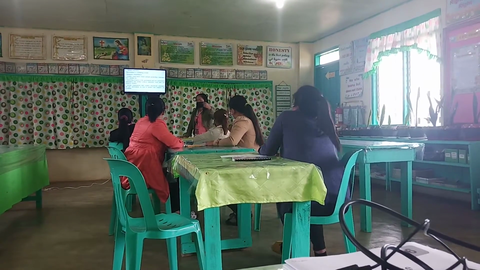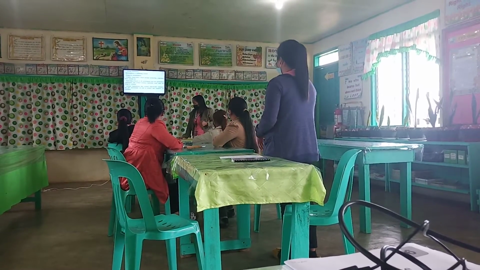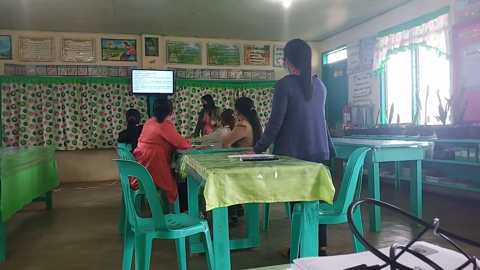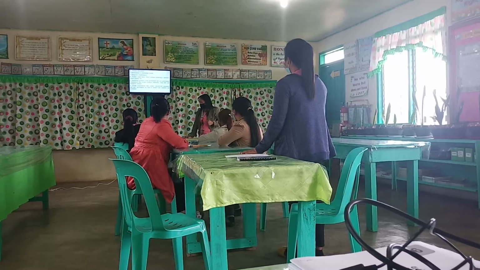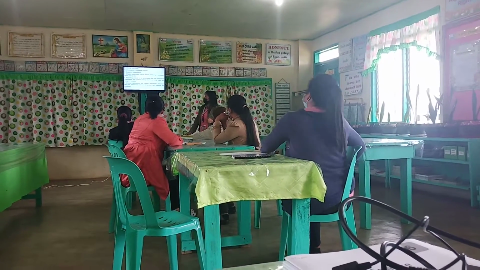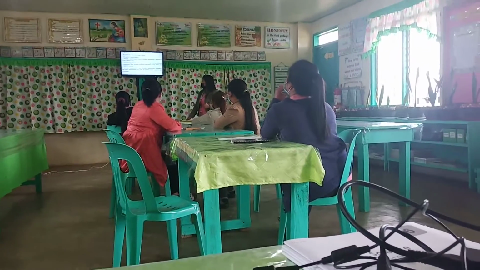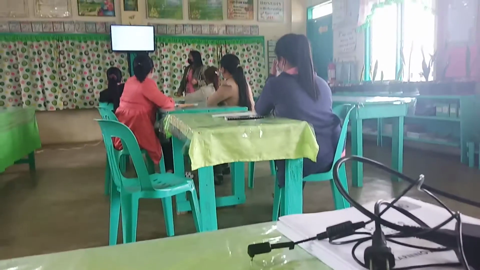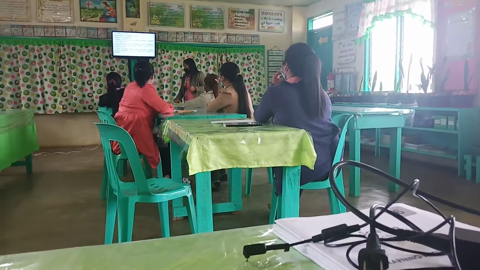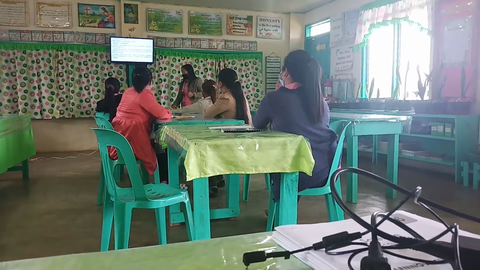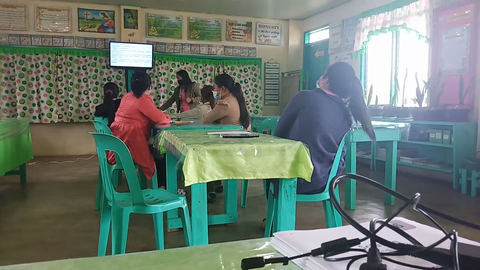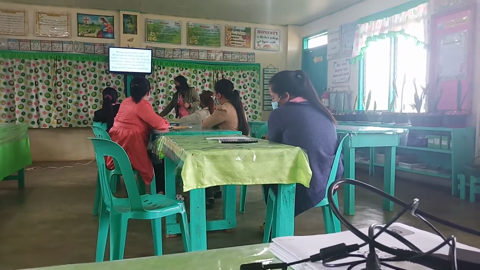Number 5. Supporting projects of the government and non-government organizations that protect tropical rainforests, coral reefs, and mangrove swamps. And another one is joining organizations that conduct educational campaigns and give information on how to protect and conserve our ecosystem. So those are the 6 ways, but there are still many ways on how to protect and conserve our natural resources.